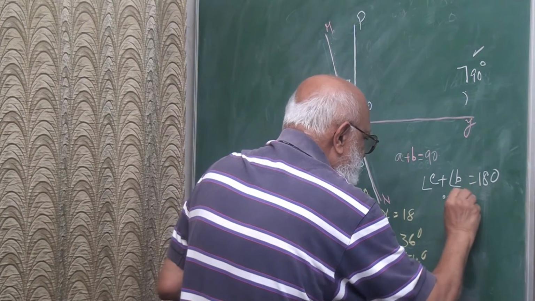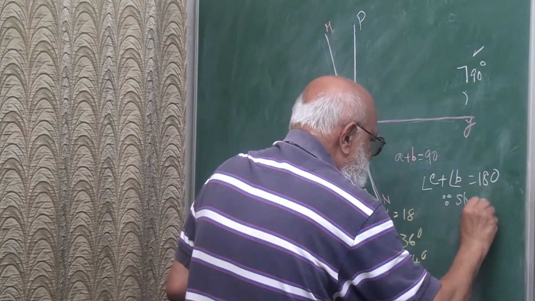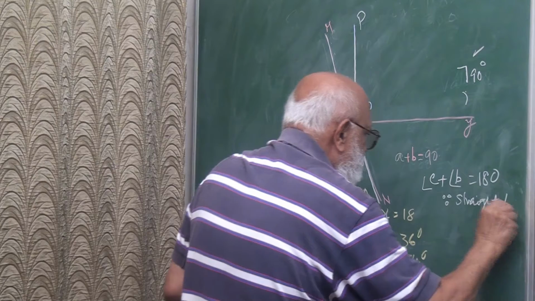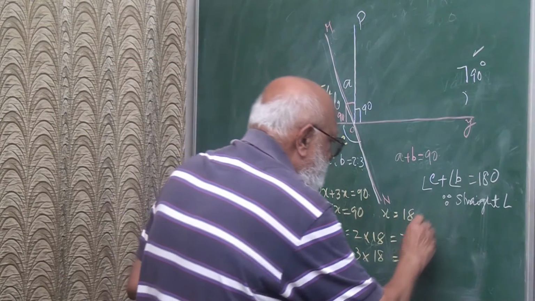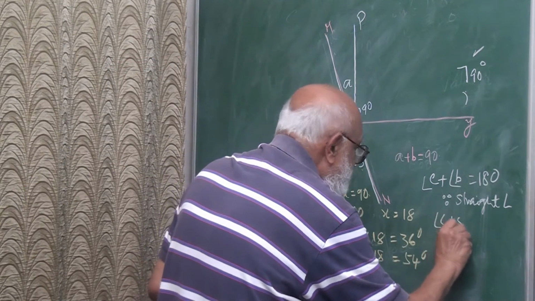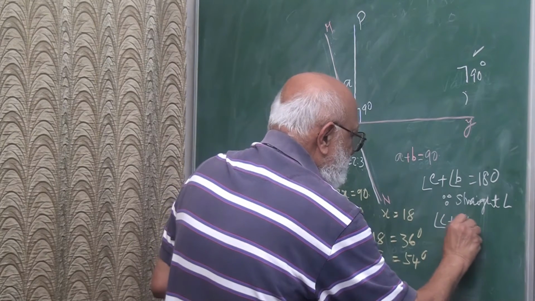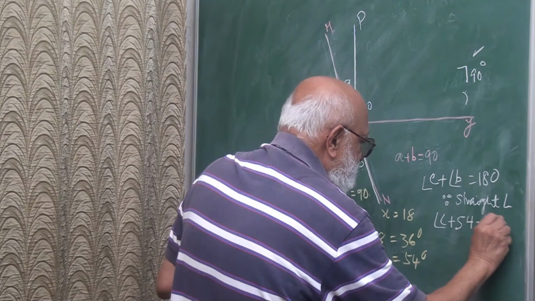Because straight angle. You now know the value of B, it is 54. Angle C plus 54 equal to 180.